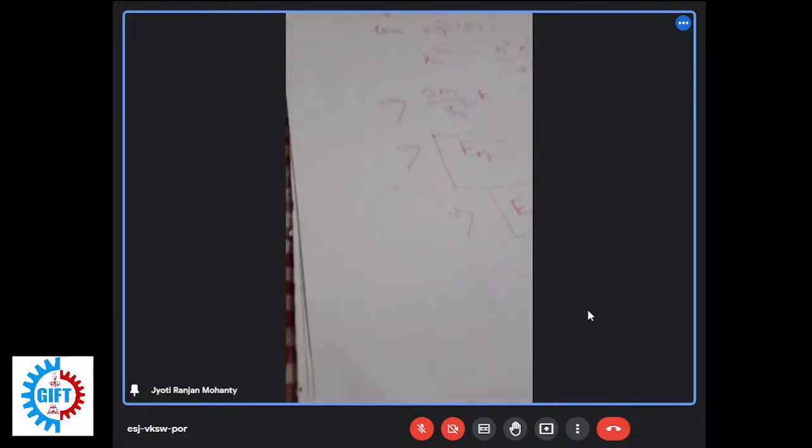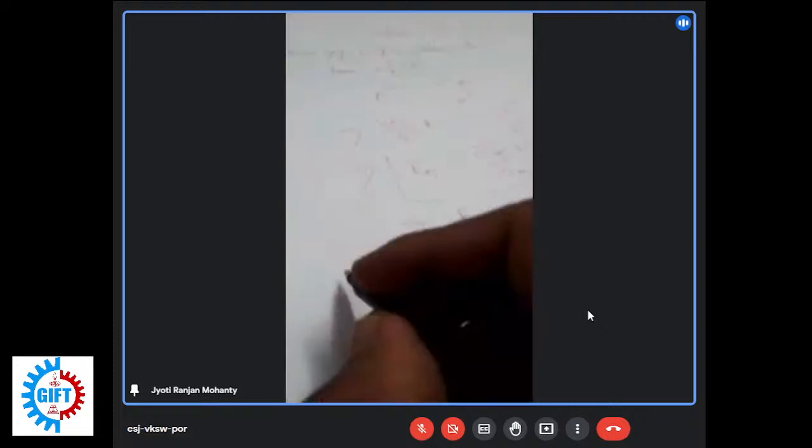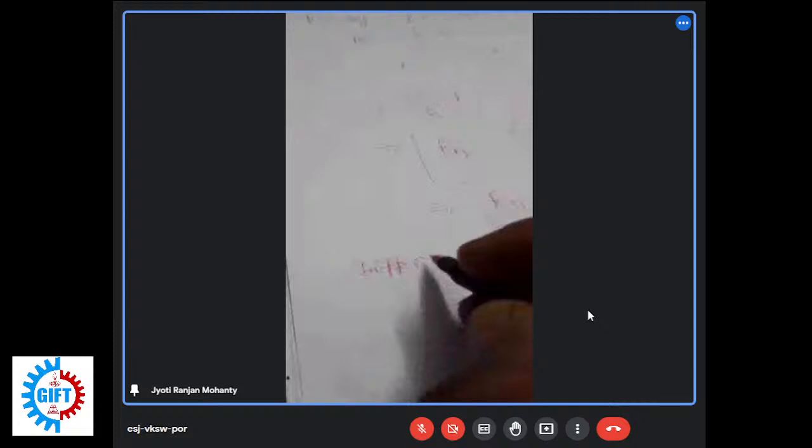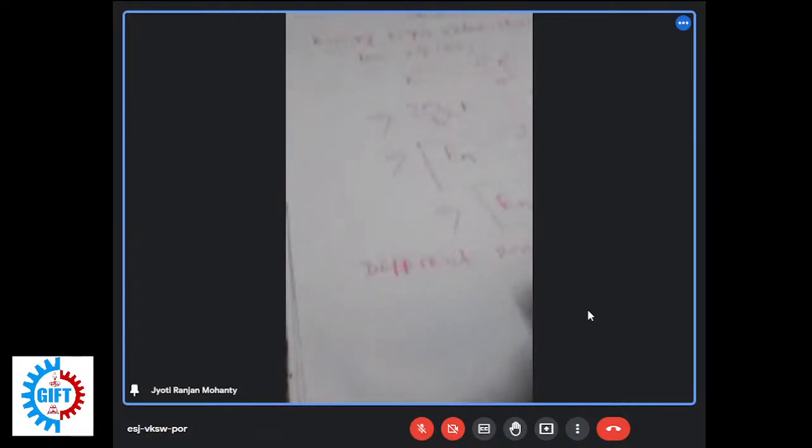Next, write different energy eigenvalues.